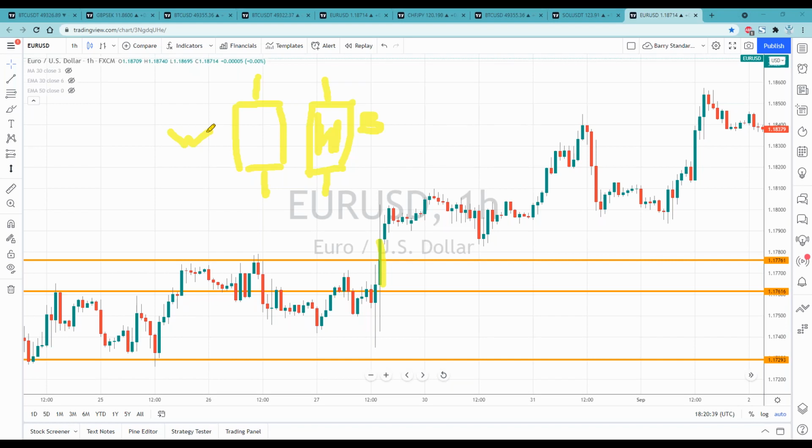Today, we didn't change the names to three green soldiers or three red crows. It's the old names. So a lot of times when you see the candle referred to as a black candle or white candle, you understand what it means. A white candle is a bullish candle, a black candle is bearish, and those patterns.